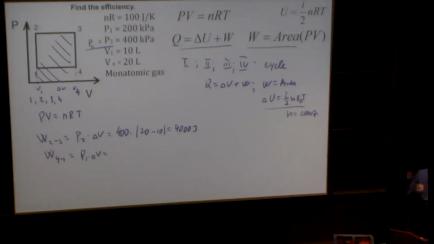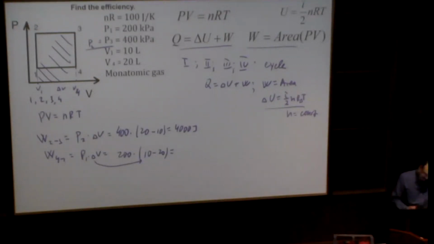W41 will be equal to P1 times delta V. See, I'm writing the equation always the same. But when I start using that equation, I have to see the difference. P1 has a different value, and delta V will now be 10 minus 20, because that's what delta means: final minus initial. If you forget that, you get a wrong number.